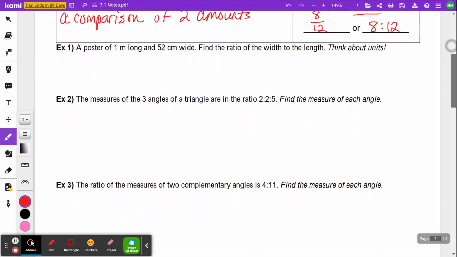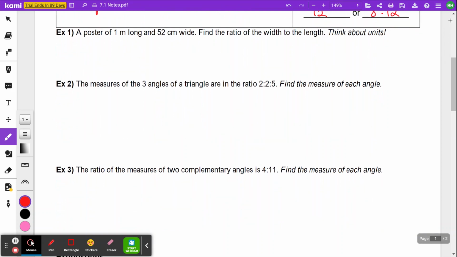So this first example, kind of going through, notice on the first one, it says a poster of 1 meter long and 52 centimeters wide, right? Then it says find the ratio of width to length. This is where your order matters. So in here, order matters, and you have to put it in the same exact order that they are telling you that it comes in.